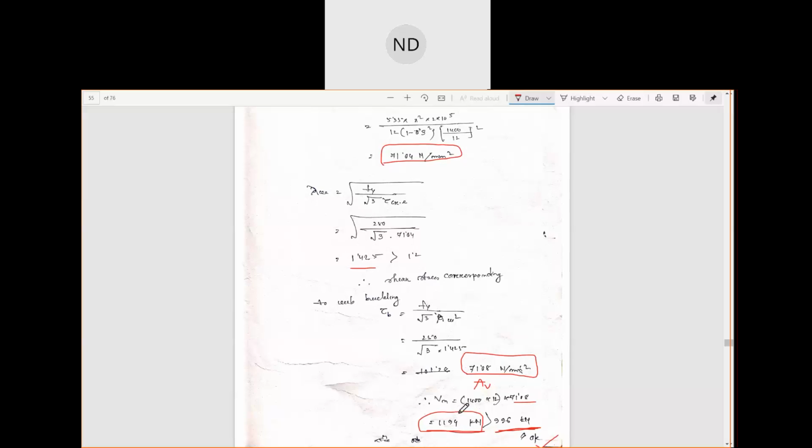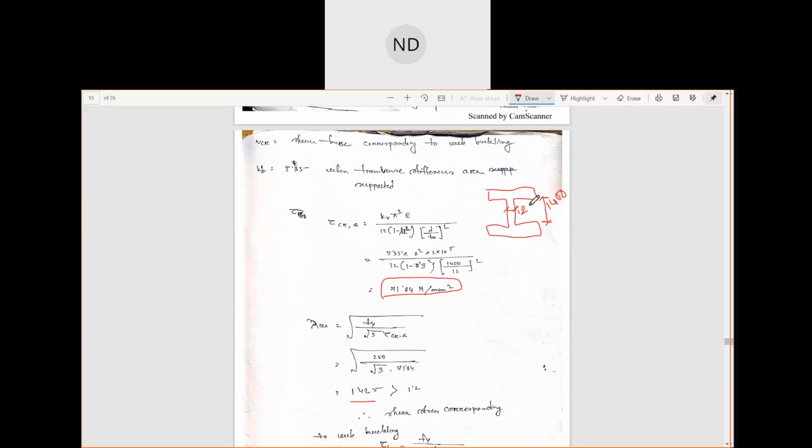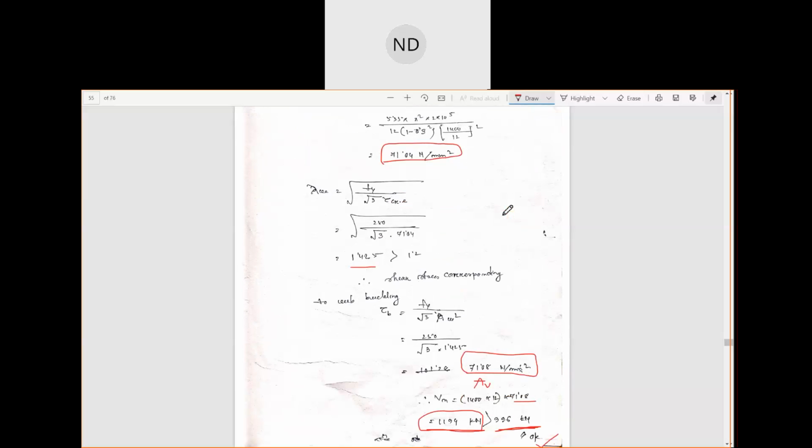That means the web section which we have considered is not okay, because we had assumed this thickness and the depth. So we can increase the thickness or the depth and check again, taking a different web section, such that the nominal shear strength is greater than the shear force due to the loadings.